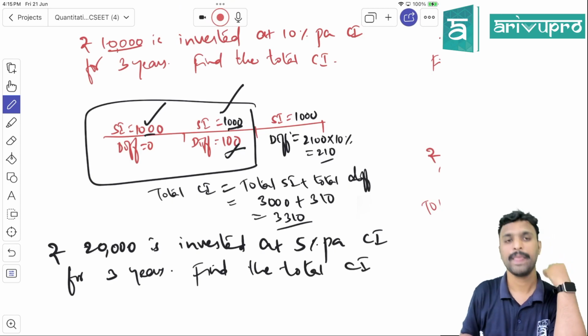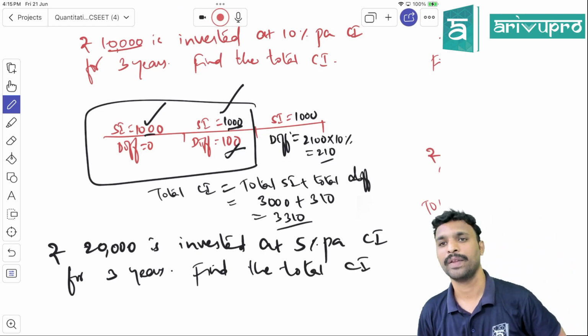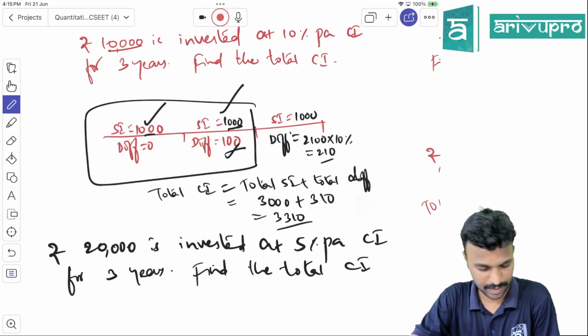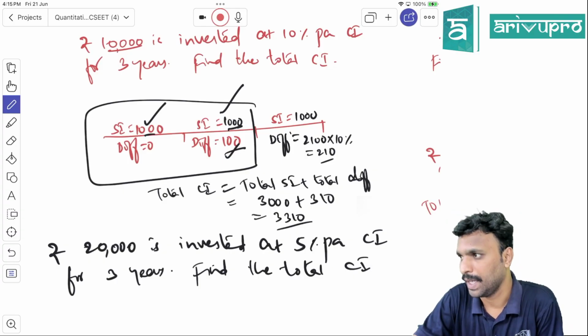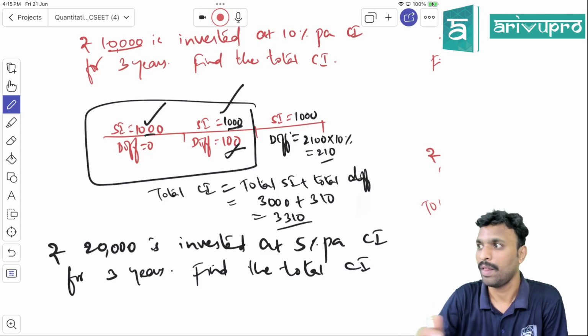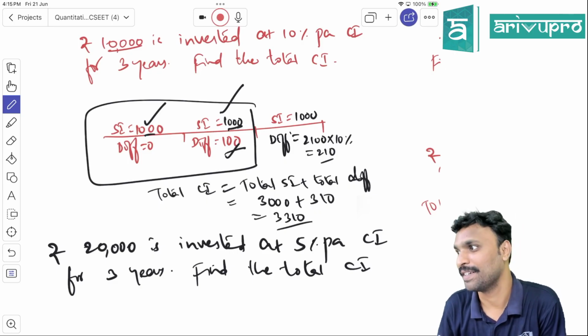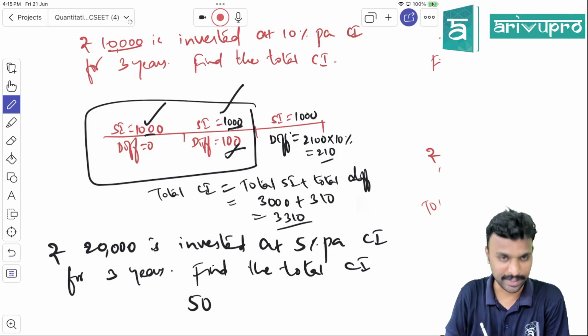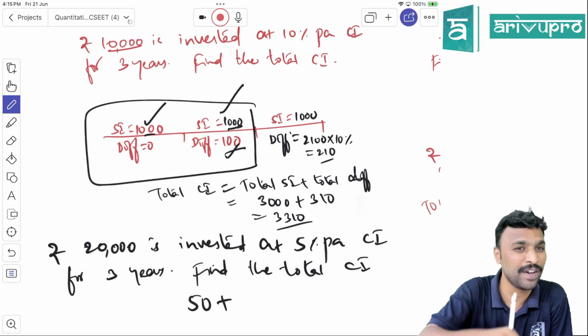Now tell me, how much will the second year difference be? First year SI is what? 1000 rupees. Now 5% on 1000. 10% of 1000 is 100, 5% is 50. So this is the difference for the first year.